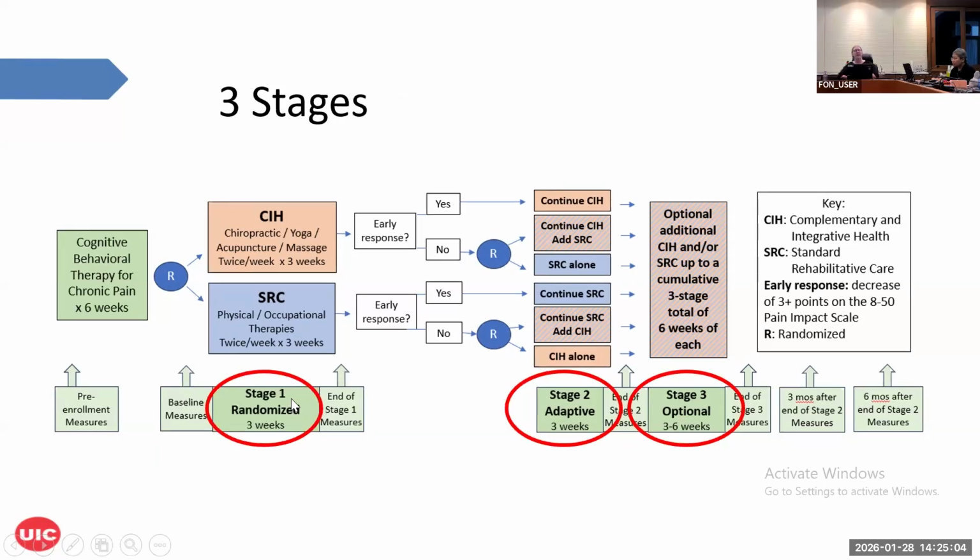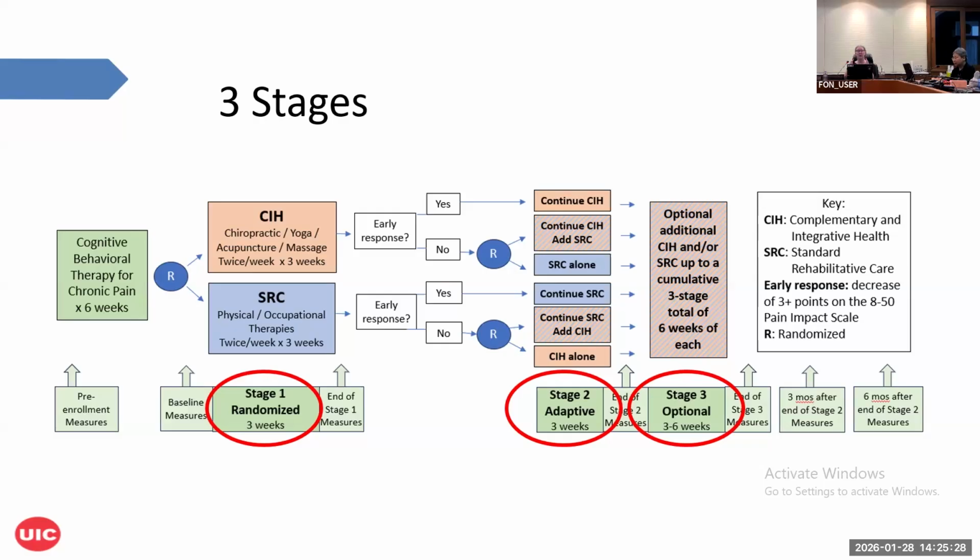Okay, so pre-enrollment measures. Then you can see here, stage 1 is where they're randomized to either CIH or SRC. And again, this is if they're experiencing moderate to severe pain after the CBT, the cognitive behavioral therapy.